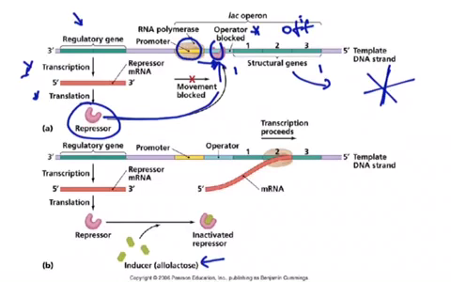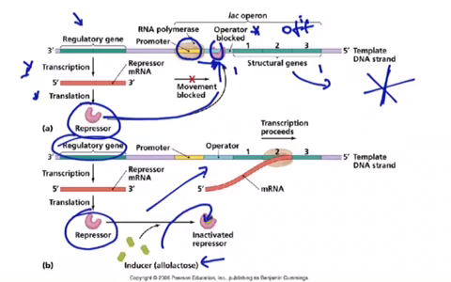Let's have a look. So the regulatory gene, shown here, is producing a repressor protein, which would normally bind to the operator, here. But in this case, when allolactose is present in the environment, this molecule binds to the repressor protein and inactivates it. In other words, it prevents the repressor protein from binding to the operator.